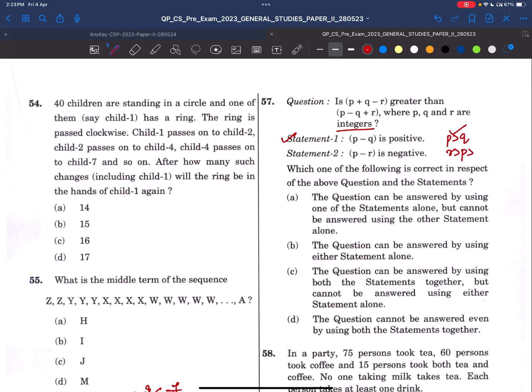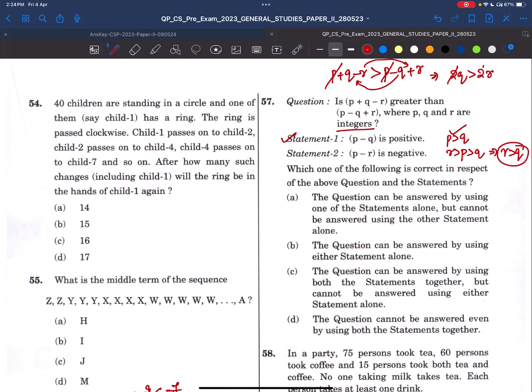So, R greater than P greater than Q. Ultimately what? R greater than Q, right? What is given in the question? It is asking whether P plus Q minus R is greater than P minus Q plus R, right? So here, P gets cancelled. If this Q moves here, it will become 2Q and minus R will move here, it will become 2R.